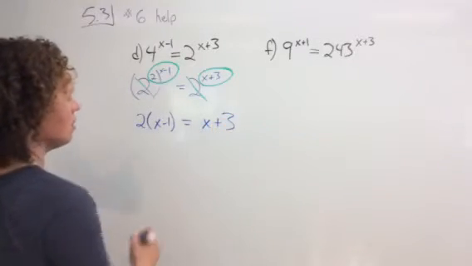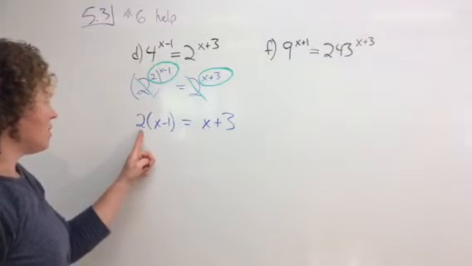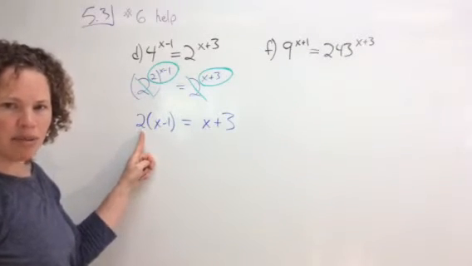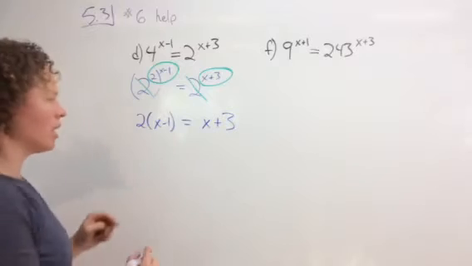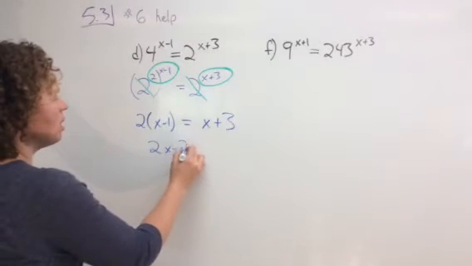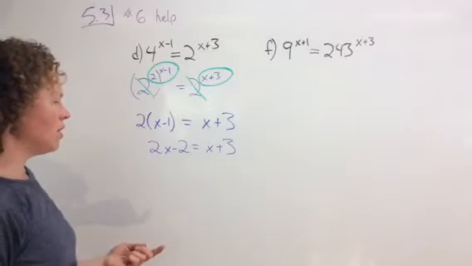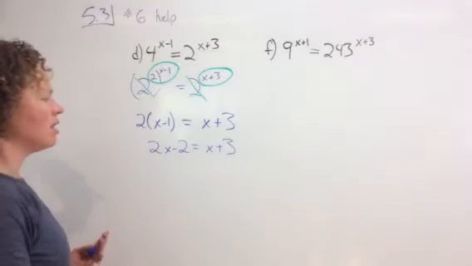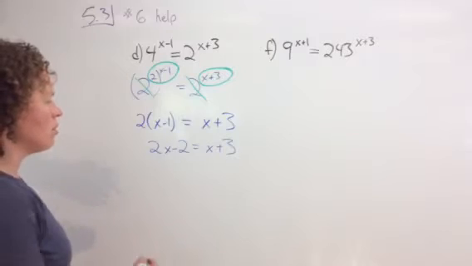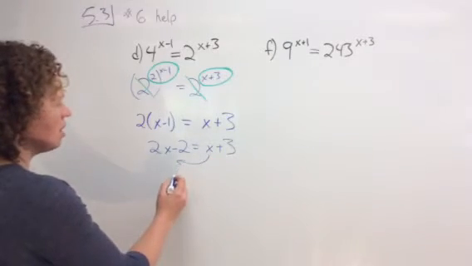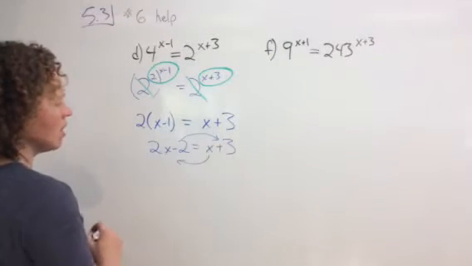Equals x plus 3. Remembering that if I have something outside a set of brackets, I have to multiply it by everything inside the set of brackets. That's going to give me 2x minus 2 equals x plus 3. Now to solve for the variable, I need the variable on one side and the numbers on the other side. So I'm going to bring this x across, and I'm going to send this 2 over that way.